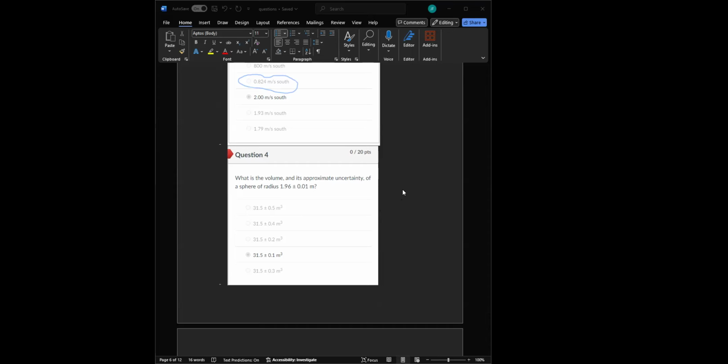So what's going on here normally is there's a formula we're supposed to use for propagation of error. And this is basically a function that has exactly one variable. The volume is the function, the variable is the radius, and the volume function is 4/3 pi r cubed. So the uncertainty in the volume is equal to the absolute value of the derivative with respect to r times the uncertainty in r.